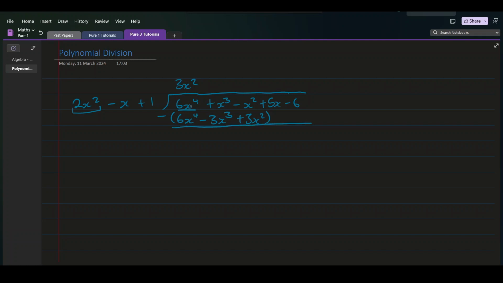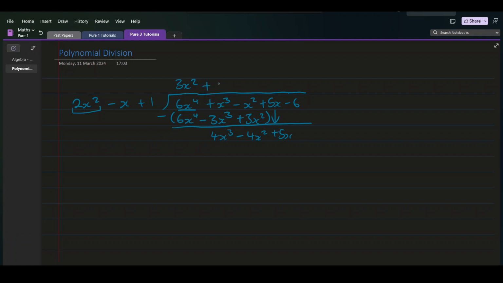And now let's subtract. 6x to the 4 minus 6x to the 4, that gives 0. x cubed minus 3x cubed, that gives us 4x cubed. And then negative x squared, negative 3x squared, that's negative 4x squared. Bring down the 5x, so that's plus 5x. And now it's 4x cubed divided by the 2x squared.